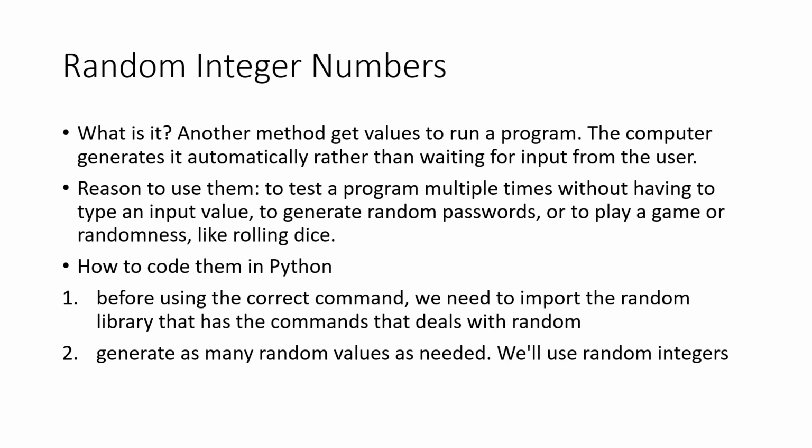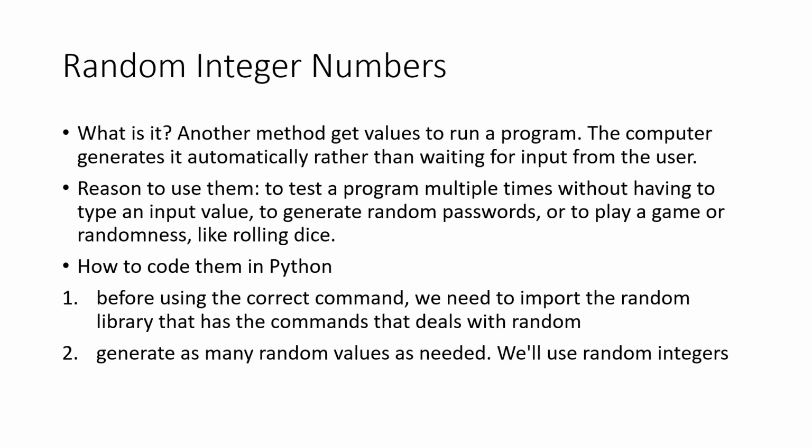Or to play games of randomness, like rolling dice. So we're going to see how we can have the computer play against us, and since there's randomness for both, instead of actually rolling a physical die, each one of us, we're going to have the computer generate a number 1 through 6, representing the faces of the dice.